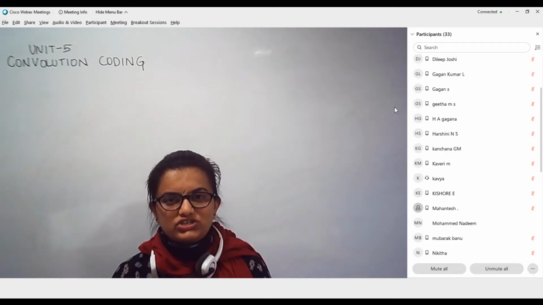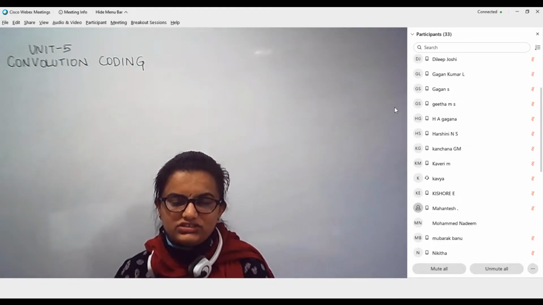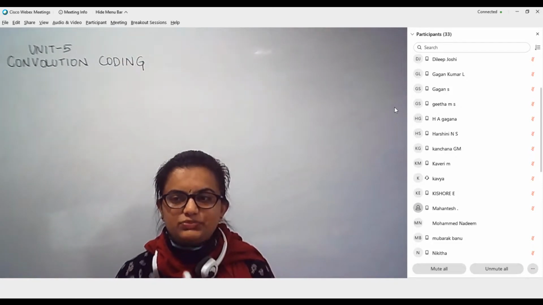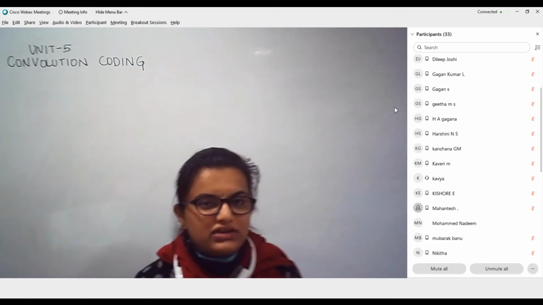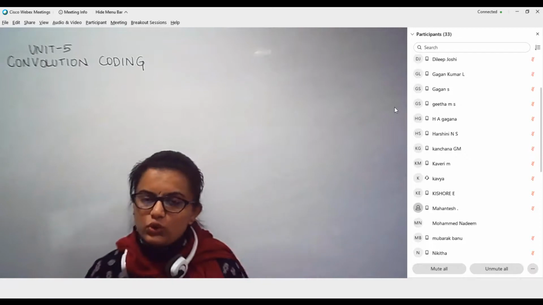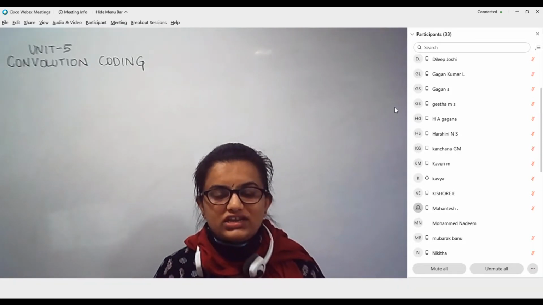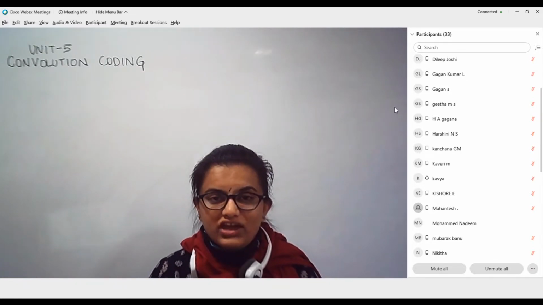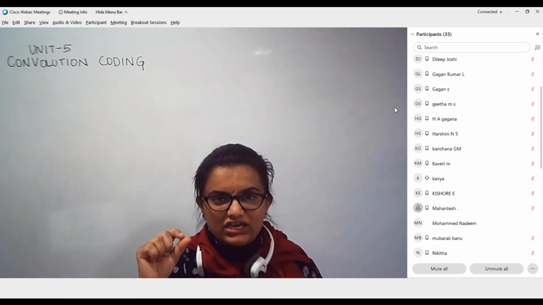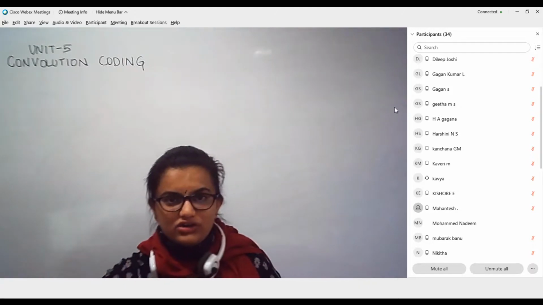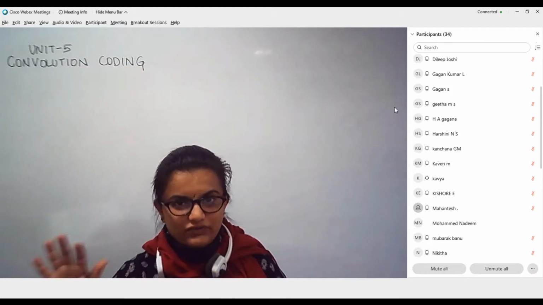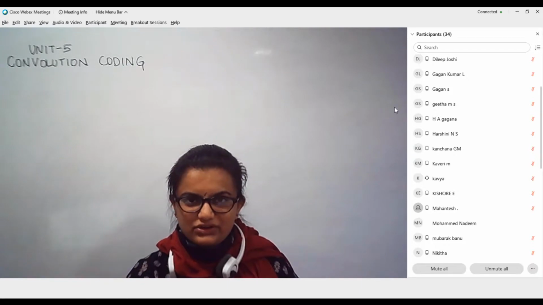The entire information is divided into chunks of k bits, and then each k bits is processed one at a time. But convolution codes are one where we generate an n-bit code where the information bits are scattered or staggered around the n bits that we are trying to transmit.